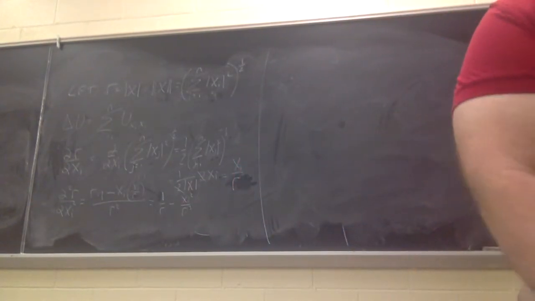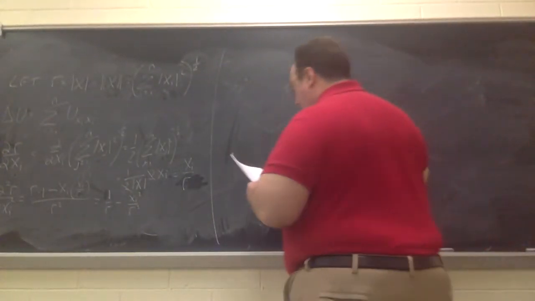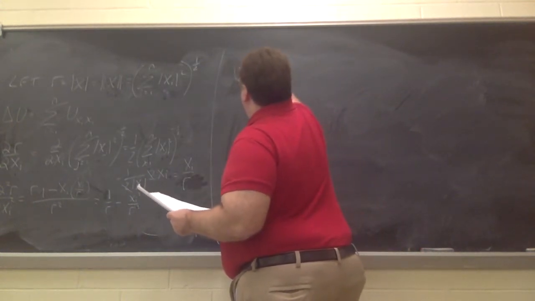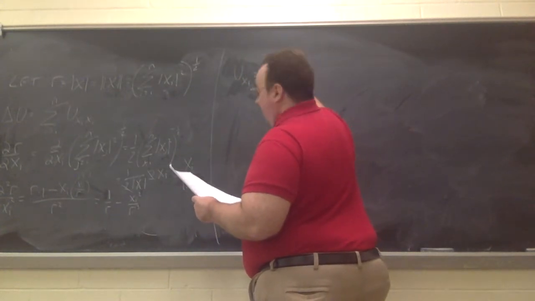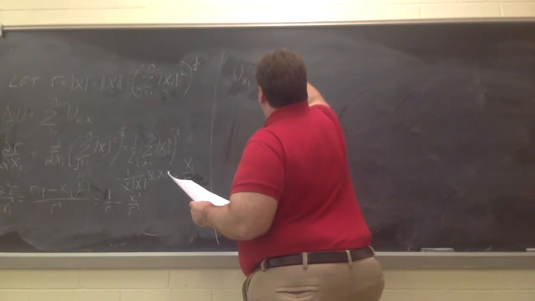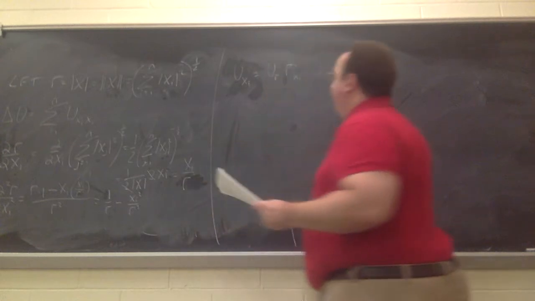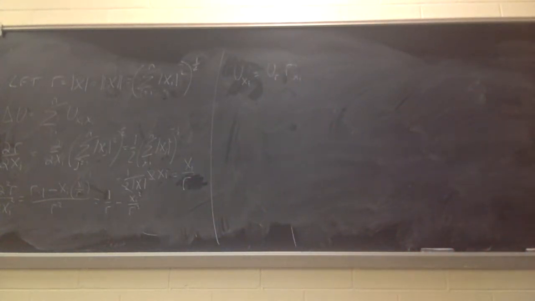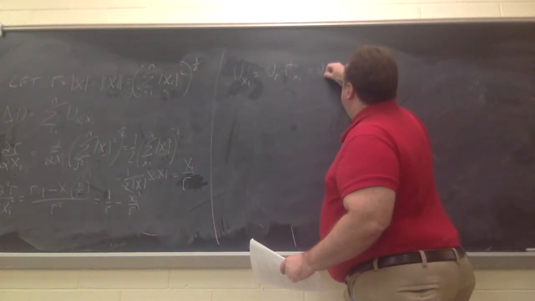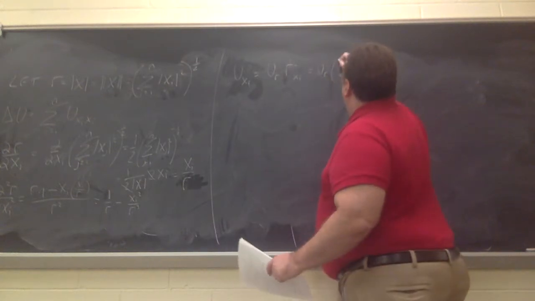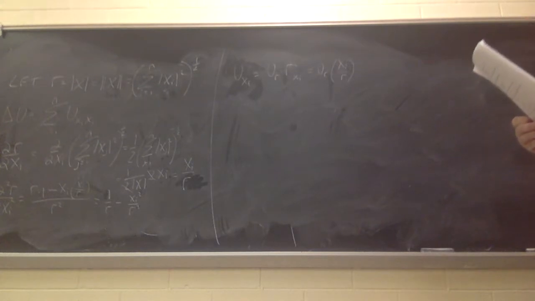Partial of u with respect to xi by chain rule is going to be u with respect to r times derivative of r with respect to xi. You think of the r's as like canceling. So that would be du/dr times xi over r.